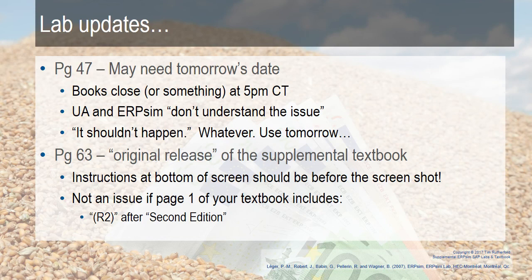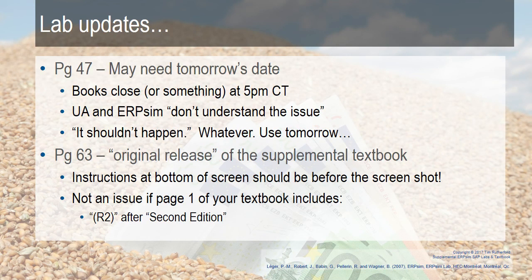The next one is page 63. Now this is the original release of this textbook. If you've purchased the textbook, I think it was November of 2016 that it was updated. But anyway, on page 63 of the textbook, there are some instructions that are out of place. So if you're looking at page 63, the screenshot should actually be below the text.